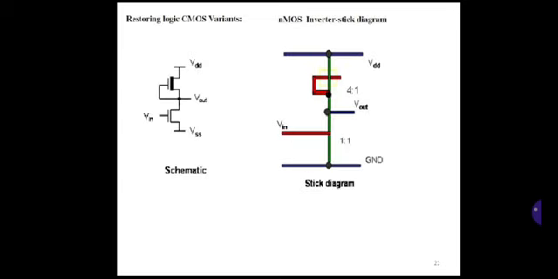Similar to this, the NMOS schematic diagram is drawn here, and its stick diagram. In the stick diagram of the NMOS inverter, the upper transistor is a depletion mode transistor whose gate is shorted with the drain, and the output is taken.